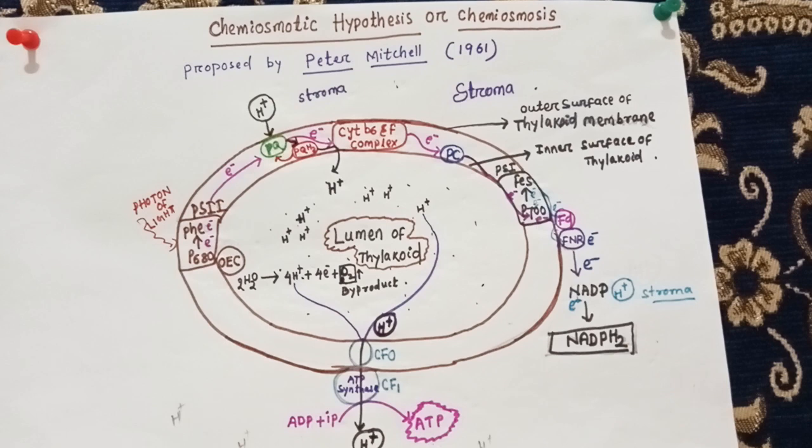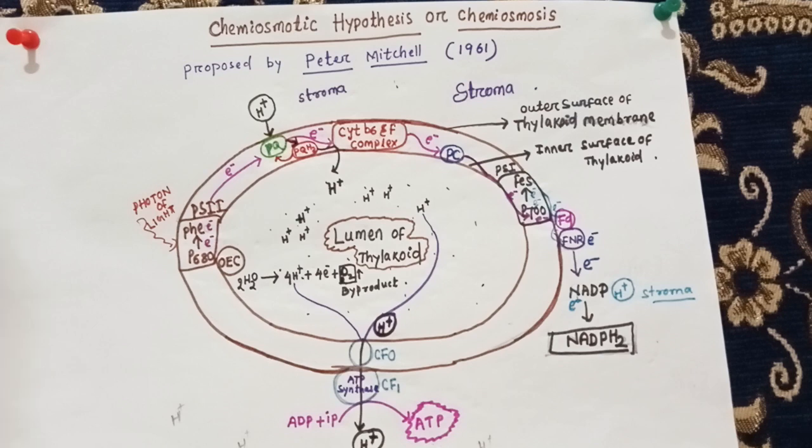Today I am going to discuss another topic of photosynthesis, that is the chemiosmotic hypothesis or chemiosmosis. Okay, how can ATP be synthesized inside the chloroplast?